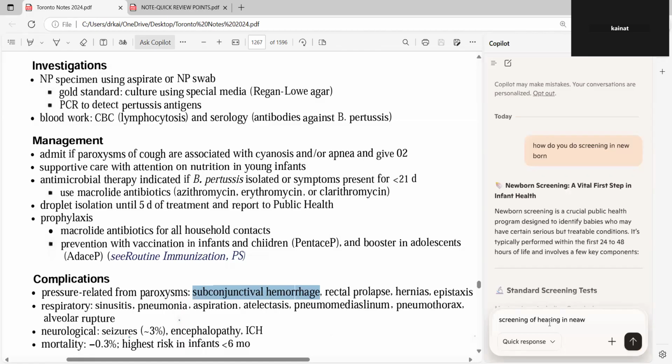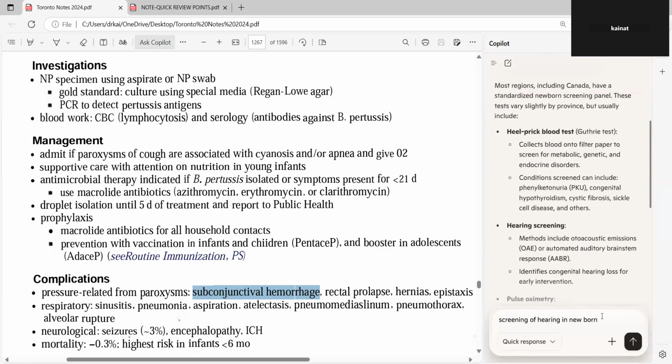According to my knowledge, usually we do voice testing. If we talk and the child turns toward you, it means his hearing is intact. That's what my knowledge is about.